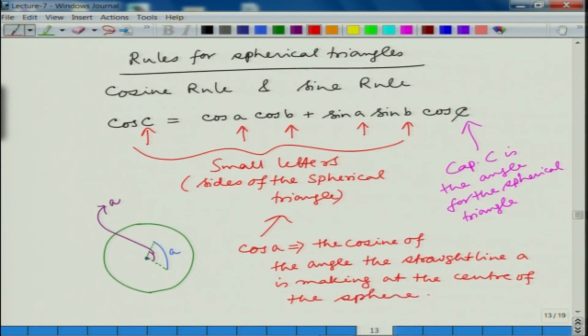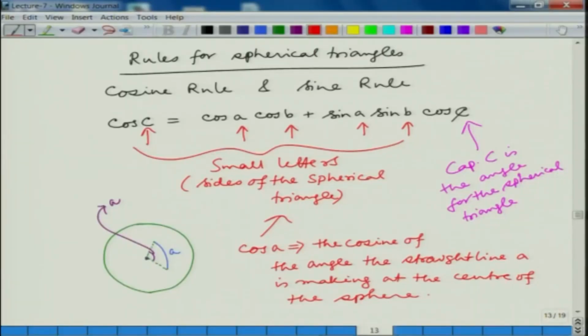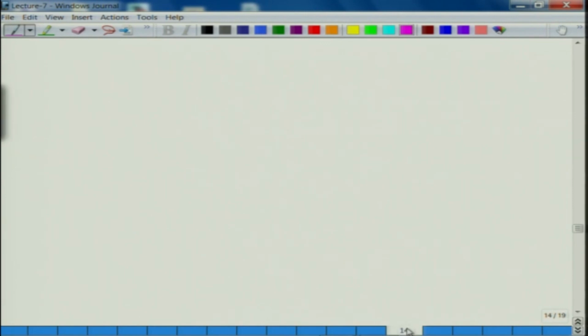That is what it means: the cosine of a length is actually the cosine of the angle that particular length is making at the center of the sphere. Okay. So, that is the cosine rule, which we will use again and again in the derivations.